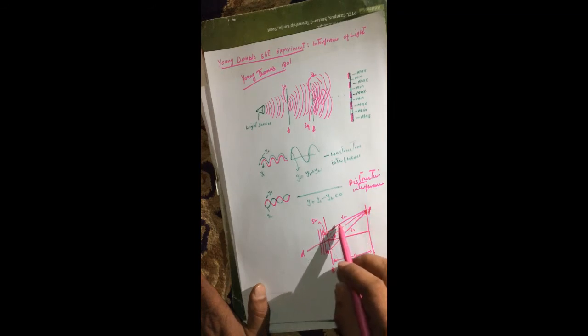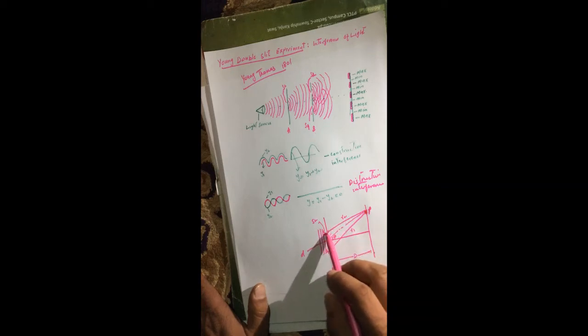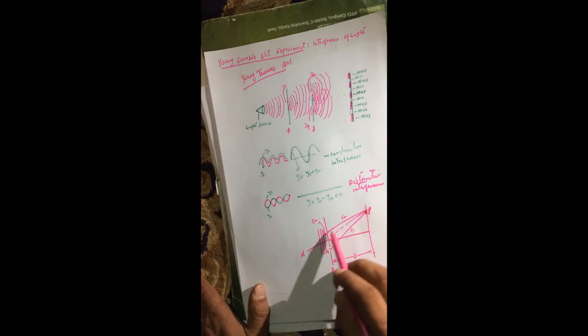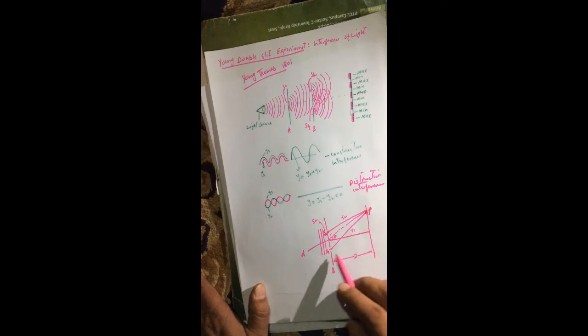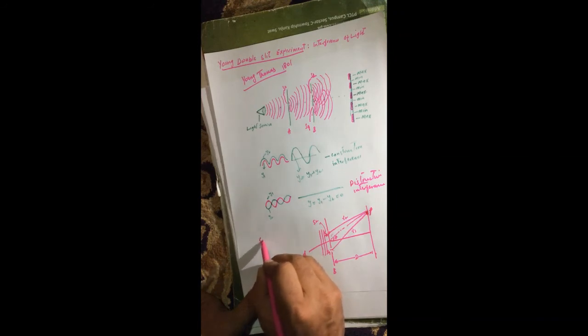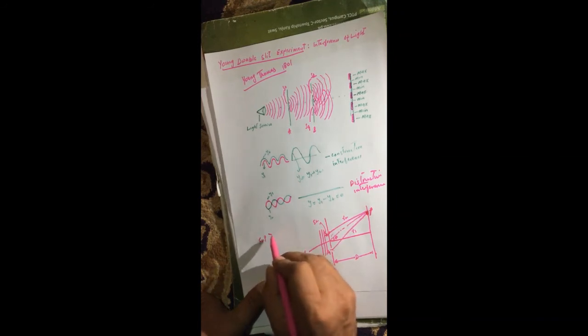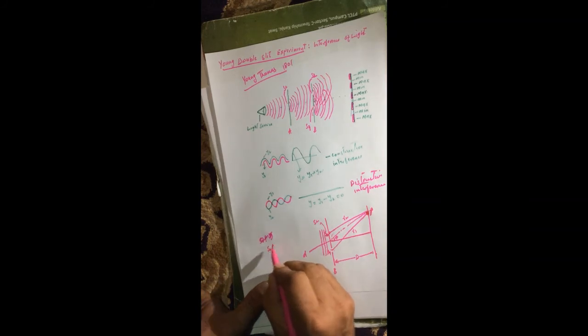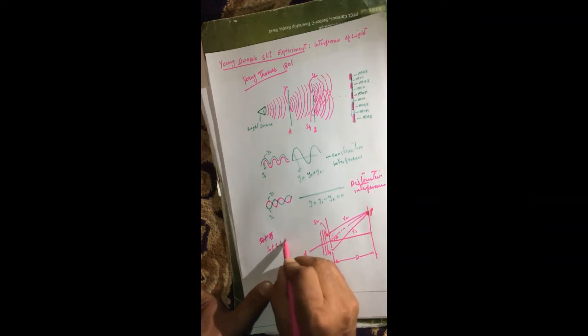It is the ray R2 which travels from the slit S2 to point P. So S2P is the distance of ray R2 and S1P is the distance of ray R1. This S2P is smaller than S1P.